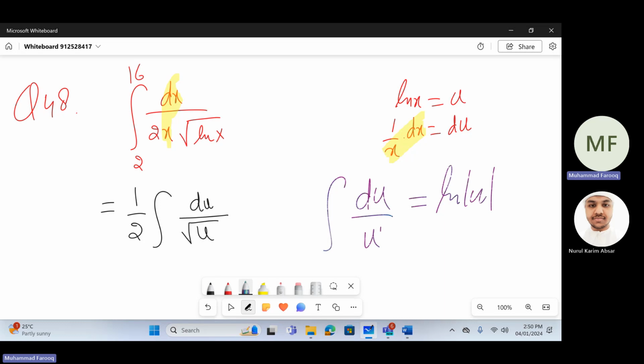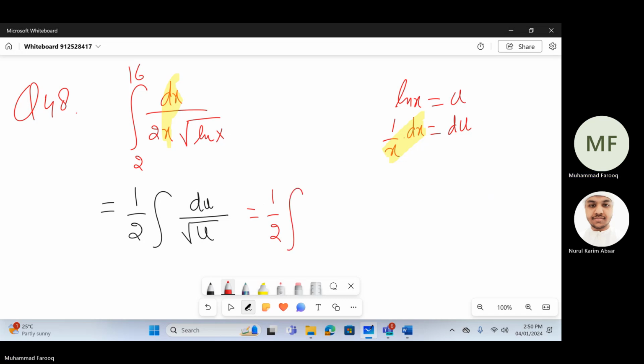So which rule do we use here? It's perfect, we use the power rule. Power rule of integration means you have to take it up.